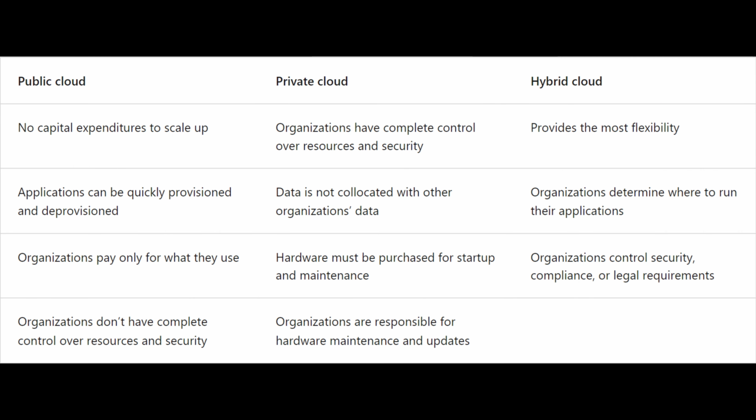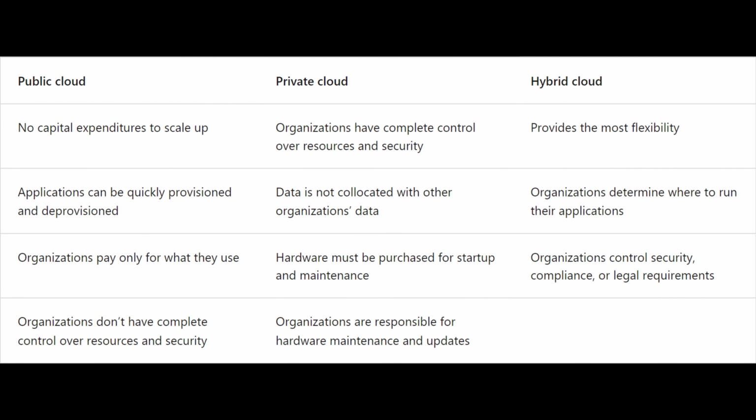In this chart, we can again review public, private, and hybrid cloud. In public cloud, there is no capital expenditure to scale up. It means you don't need to purchase resources, you don't need to scale vertically or horizontally, and you don't need to manage all of this scaling.